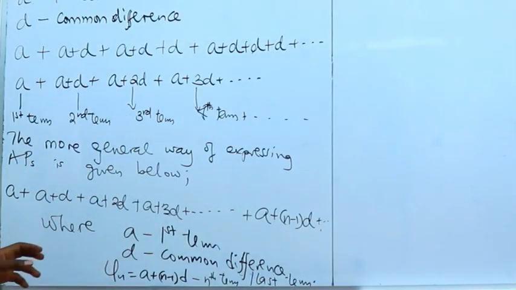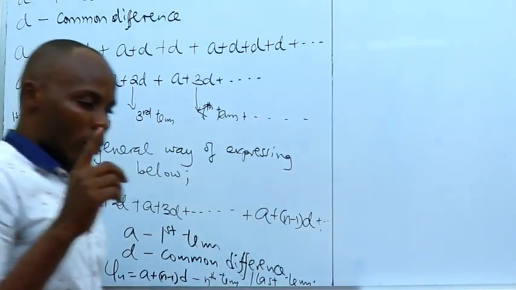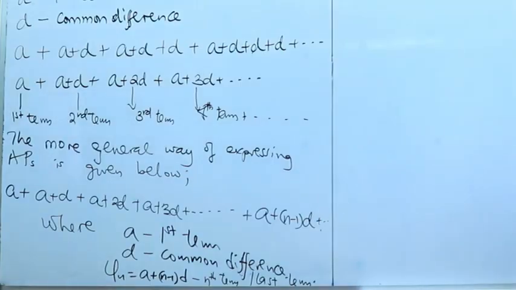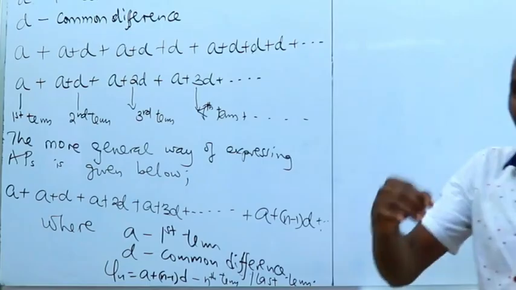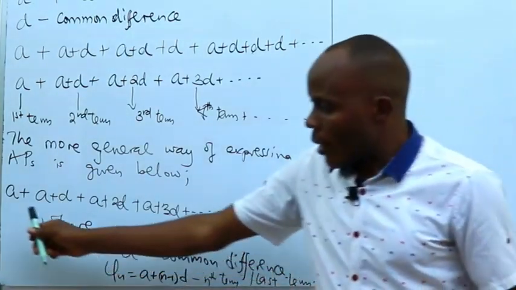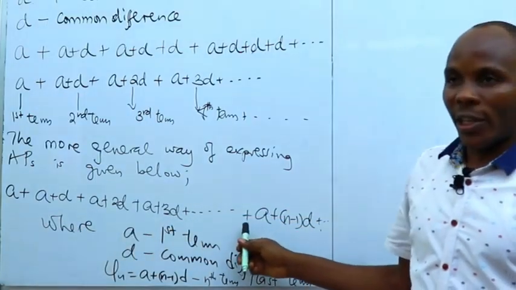What am I trying to talk about here? When I was talking about sequences, I said the expression for the nth term is very important.